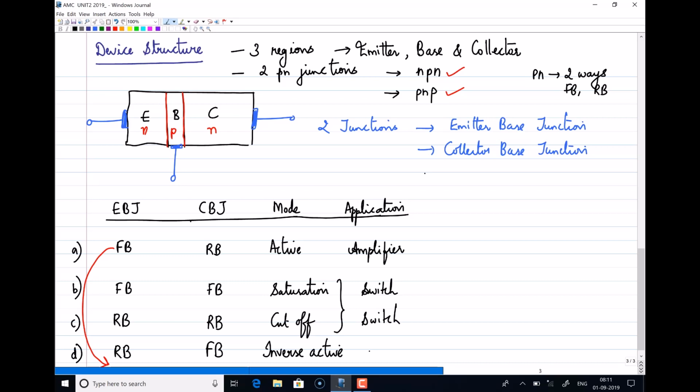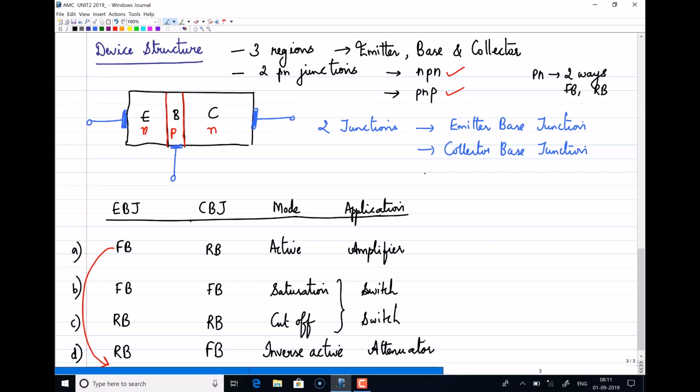If I use a transistor in this mode, generally it is not used, but we can see that it will give the performance of an attenuator. But generally this is not used because attenuation is basically done using passive elements. No need to use an active device, bias it and use it as an attenuator. Using passive elements only we can get attenuation. So this mode is not generally used, but it is required to understand the operation of the transistor.